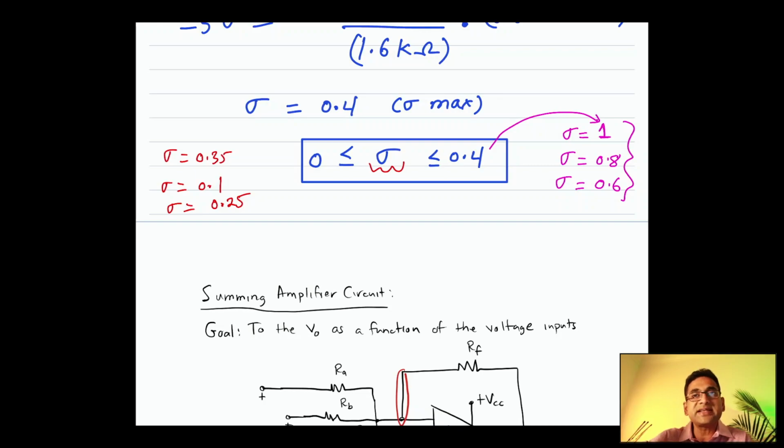Then you will see that the op amp will saturate. Similarly, pick a bunch of values, 0.35, 0.1, 0.25, within this range, and you will see that the op amp output will be within plus and minus VCC. So a sanity check is important.